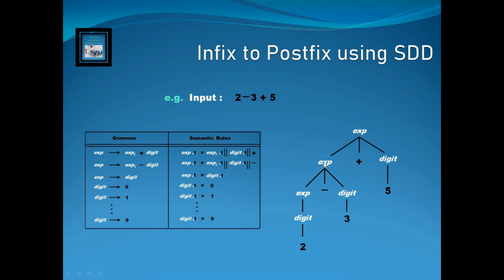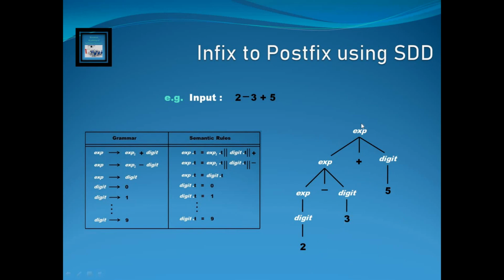The sub expression 2 minus 3 can be obtained by using the production exp can have the form of exp minus digit, where exp can have the form of digit and digit can have the form of 2. Then 2 minus, and digit can have the form of 3, so 2 minus 3 is produced here. So the first sub expression is here, and the second operand is just a digit, and that digit is 5. As a whole this expression will become 2 minus 3 plus 5.